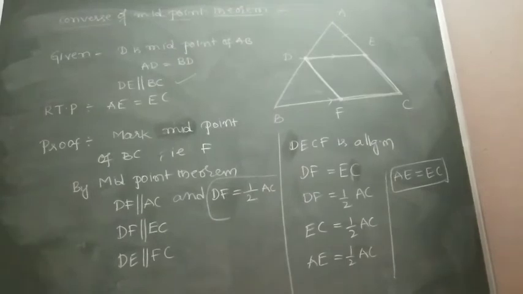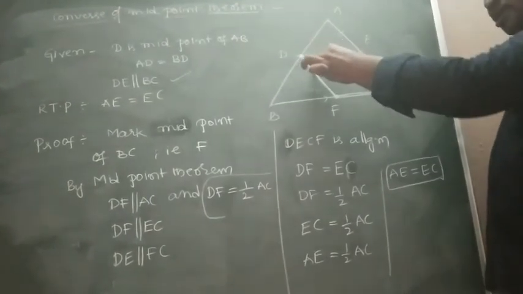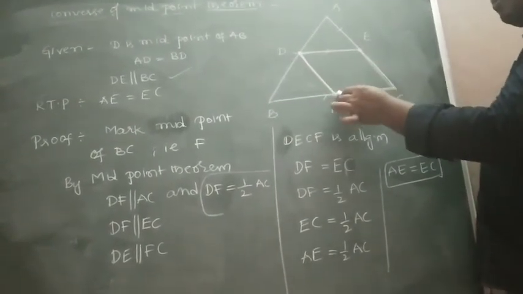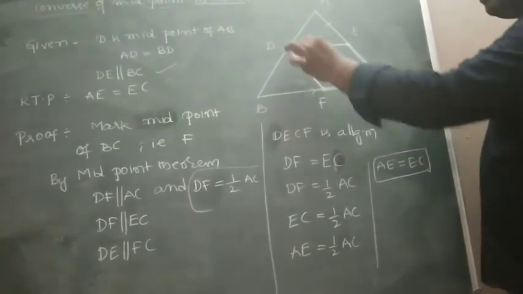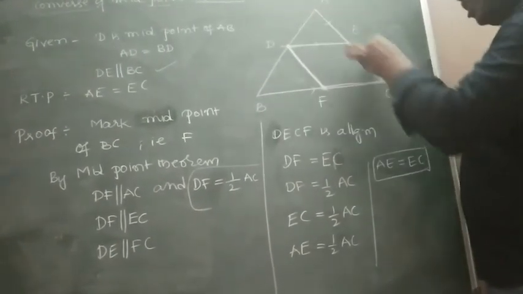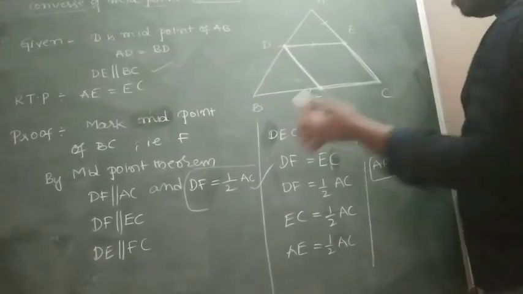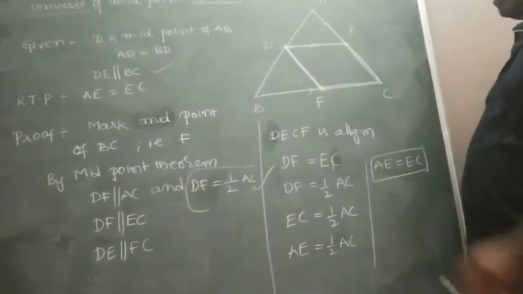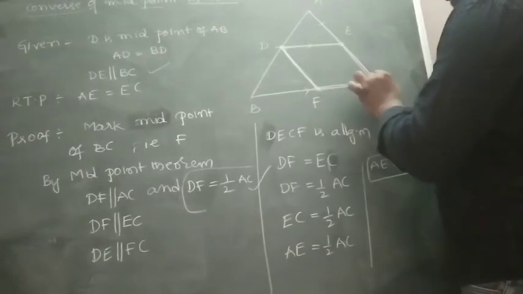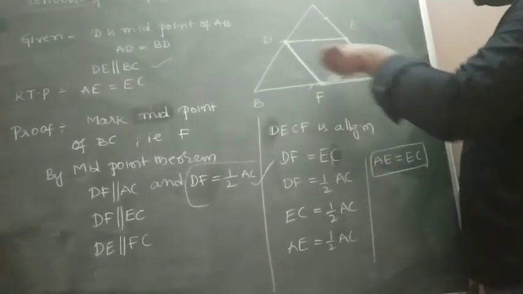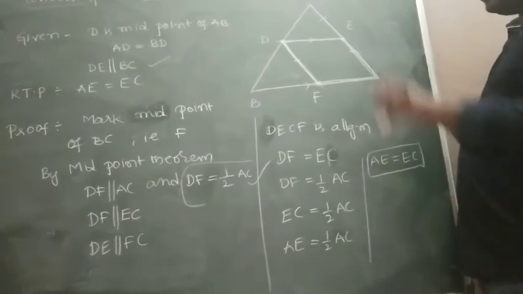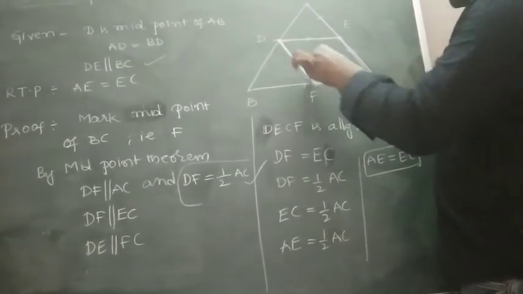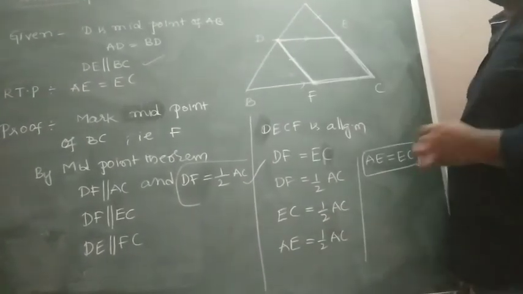Simple proof. You have to draw DF where F is the midpoint of BC. Then by the midpoint theorem, DF is parallel to AC and also half of AC. Already it is given these two are parallel, so this is a parallelogram, meaning these two are equal. Already we proved this one is equal to half of this one.